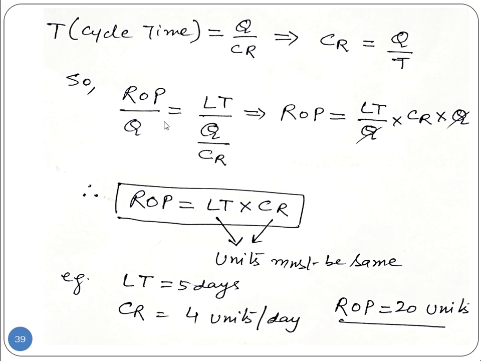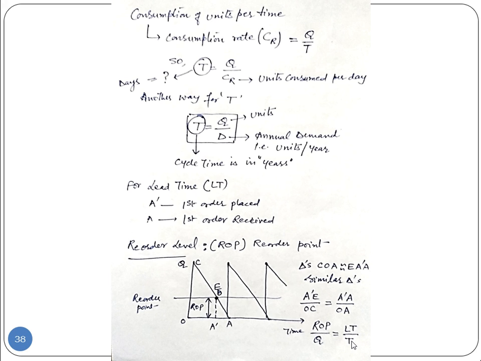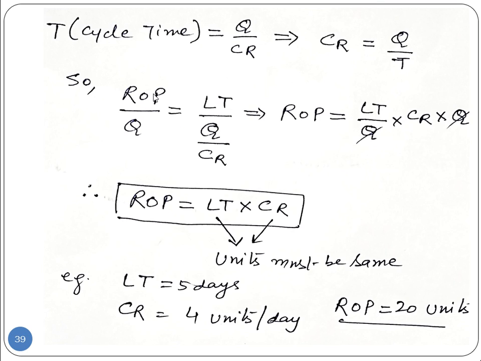So from here, in this formula I am going to replace T: the reorder point upon Q equals the lead time upon Q upon CR. So the reorder point I get is the lead time into the consumption rate.